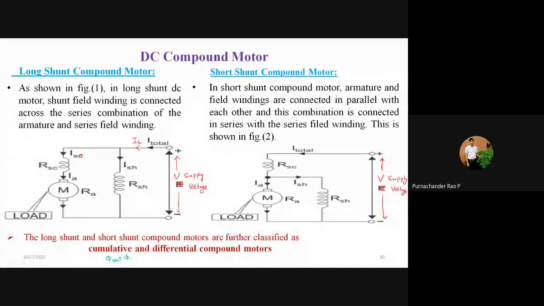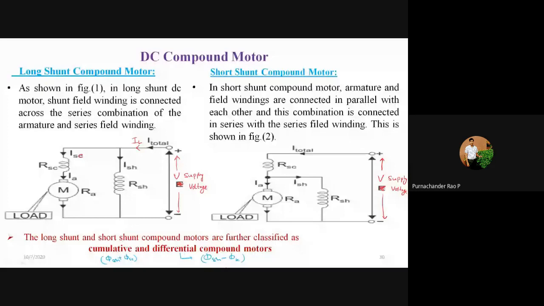In differentially compounded motors, it is the difference of these two fluxes, and therefore the net flux gets reduced. Is it clear? Any doubt on this? No, sir. Clear.